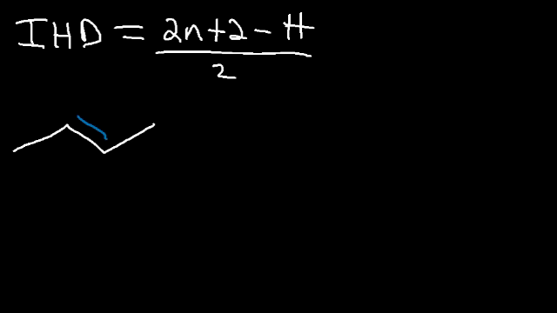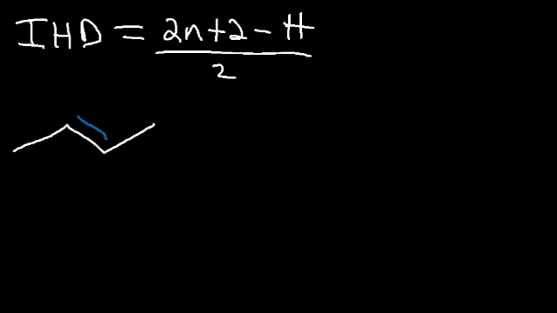Alkenes and alkynes, or anything that has a double bond or a triple bond or even a ring, are unsaturated because you can add hydrogen to it. Unsaturated compounds are not filled with hydrogen. Saturated compounds like alkanes are filled to the max with hydrogen atoms. They cannot accept any more hydrogen atoms.